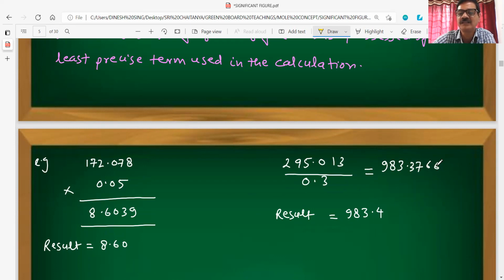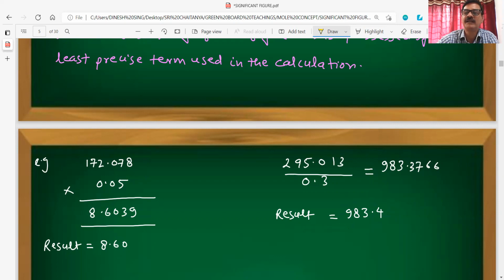This 6 will become 7, this 7 will become 8, and this 3 will become 4, because here 8 is greater than 5 as per the rules of rounding of numbers. So our answer will be 983.4.